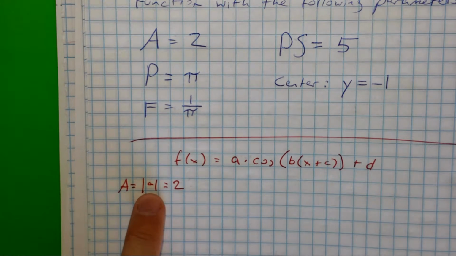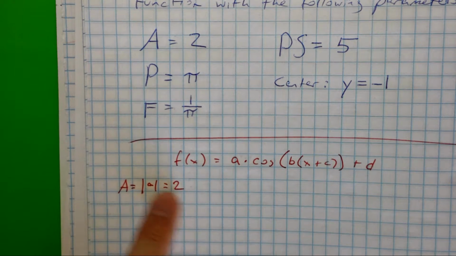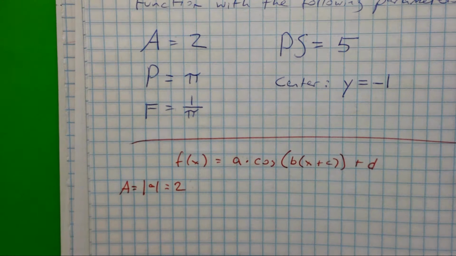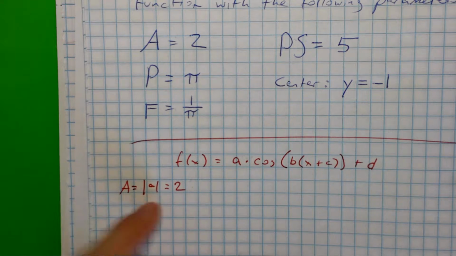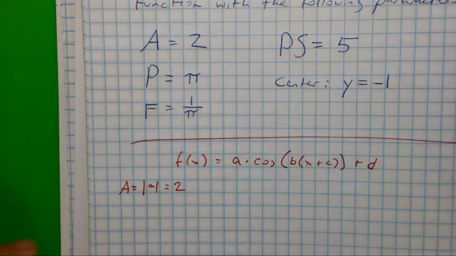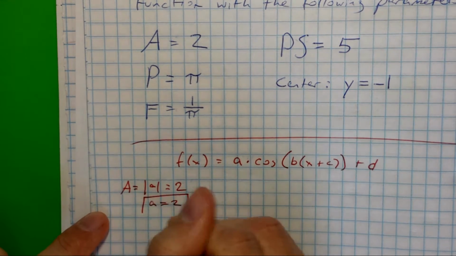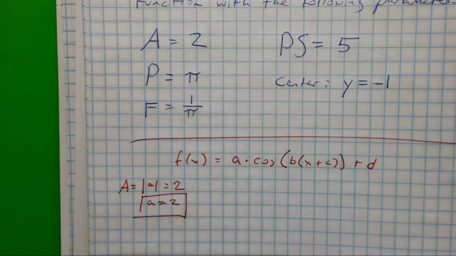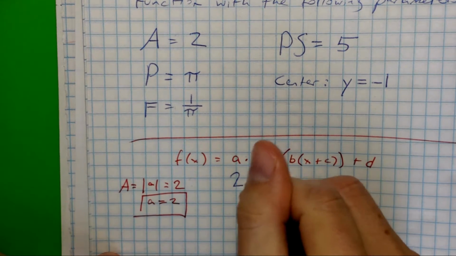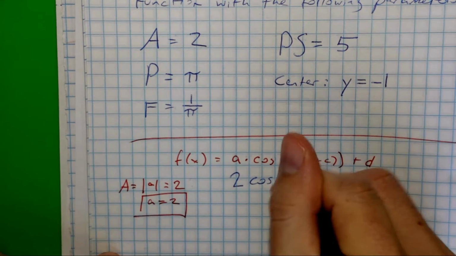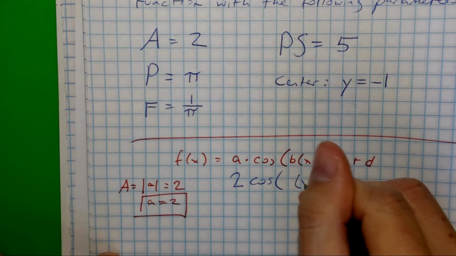So what is A? If it's got an absolute value of 2? 2. Yeah, it's 2. I mean, technically it could be negative 2 also. But let's just call it 2. Okay, so A is going to be 2. So there's one of my numbers right there. So I've got 2 times cosine of some other stuff.